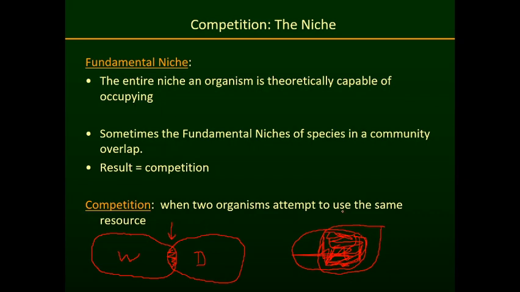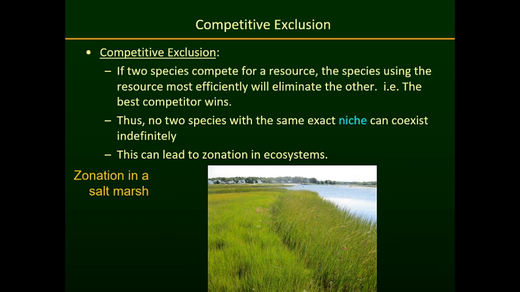And in a situation like this, over to the right, you can get the situation where one species excludes another from the environment because there's just too much overlap. Okay, let's move on.